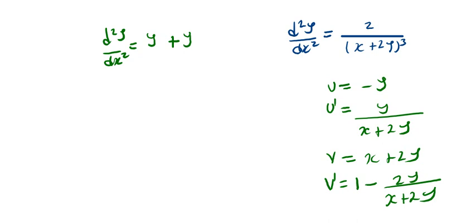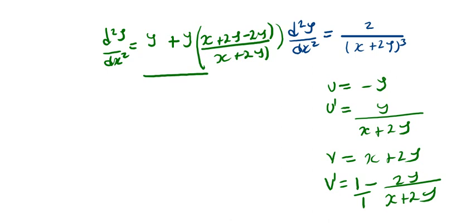Then this is multiplying, of course, your v prime, which if you make it a single fraction, if you go step by step, remember you have a 1 here. If you make it a single fraction, this is going to be your x plus 2y here minus 2y, then that is divided by x plus 2y, like that. Then remember everything here is over v squared, and our v was x plus 2y, so this is going to be x plus 2y squared.